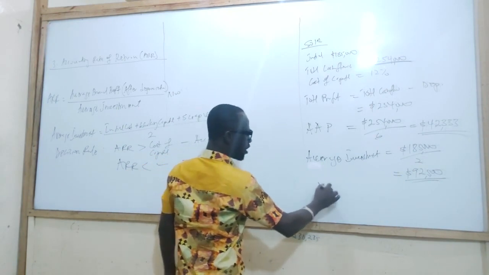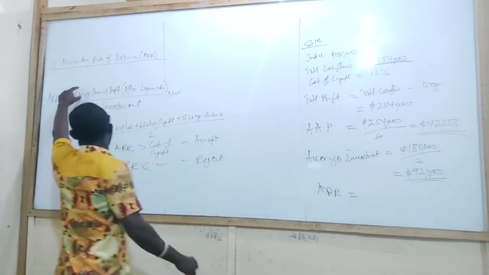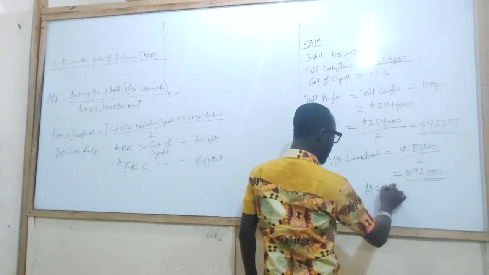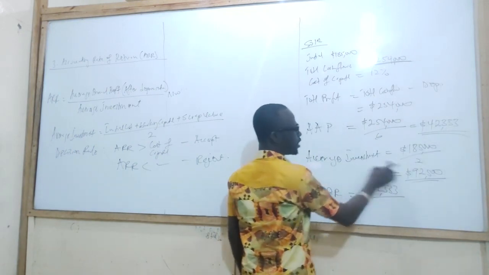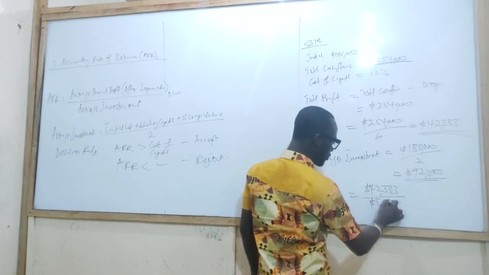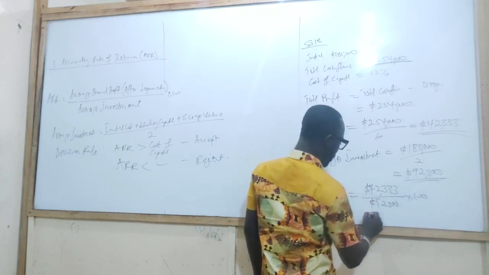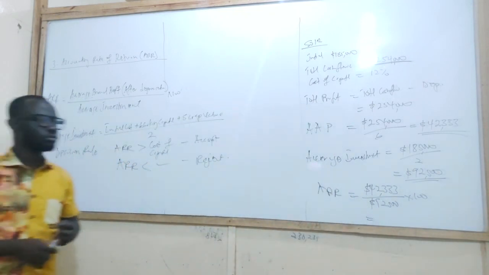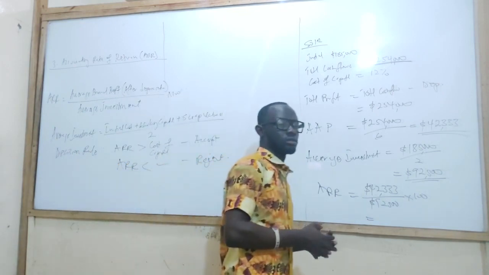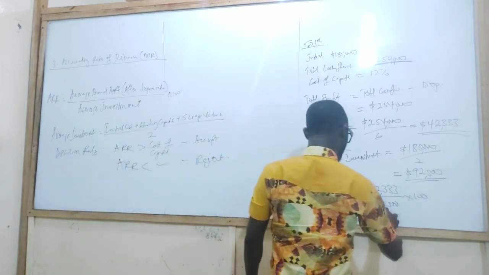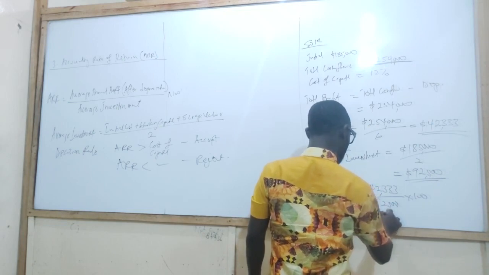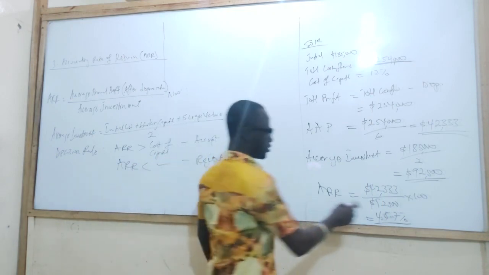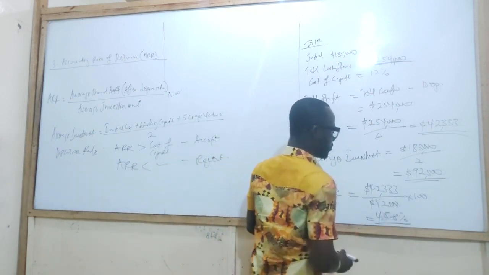So let's get the accounting rate of return. The ARR is the average annual profit, which we've had here as 42,333, divided by the average investment, which is 92,500, times 100. That will give us 45.7%, or 45.8% rounded.